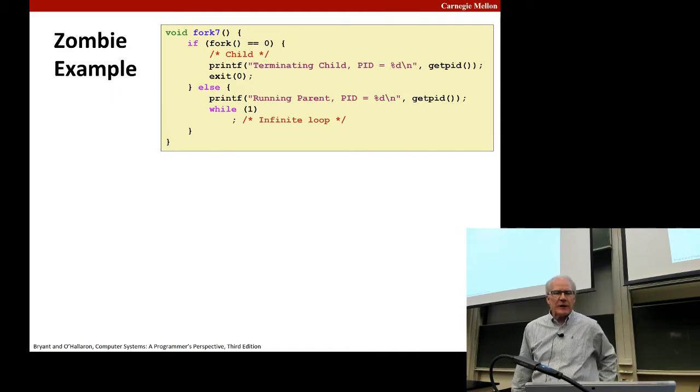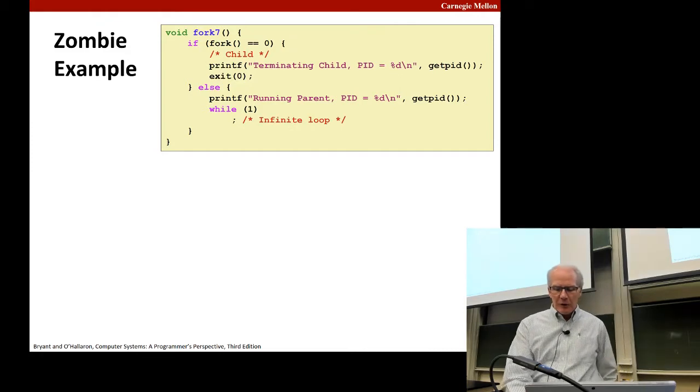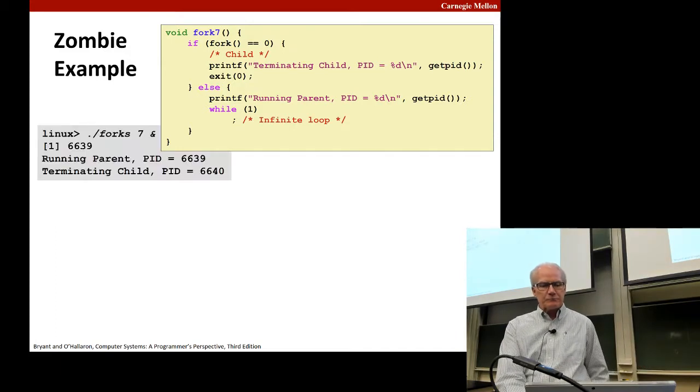So here's an example of some code. You see it calls fork, and the child just exits. But the parent doesn't really do anything. The parent just runs forever. So not a very exciting program, but it demonstrates the idea that the parent hasn't done anything about its terminating children.